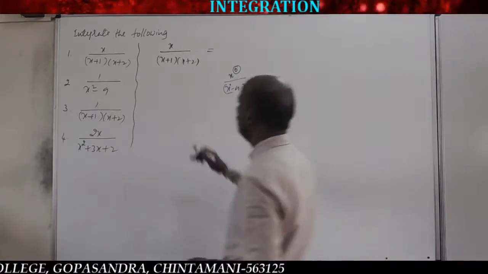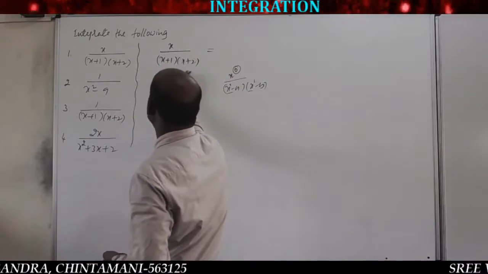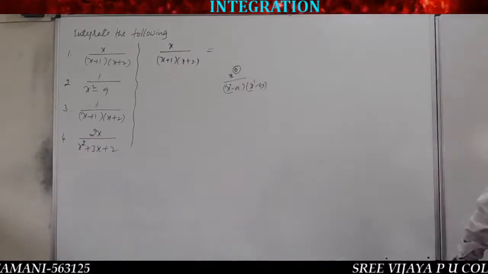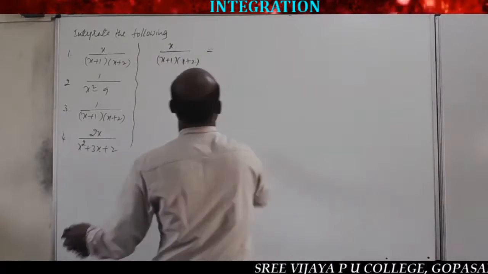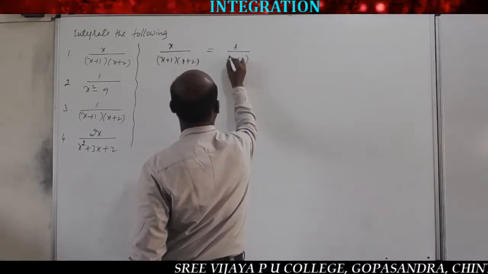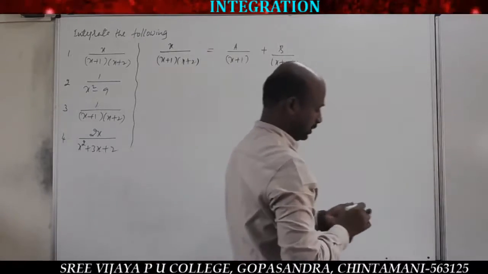The same here: x power of 1, so the degree of numerator is 1, degree of denominator is 2, and the degree of numerator is less than the degree of denominator. So this can be taken as a divided by x plus 1 plus b divided by x plus 2.